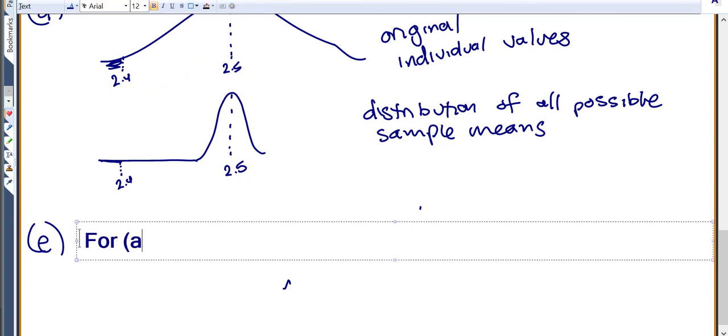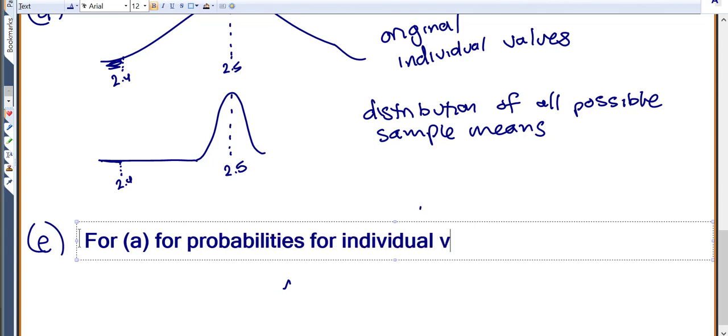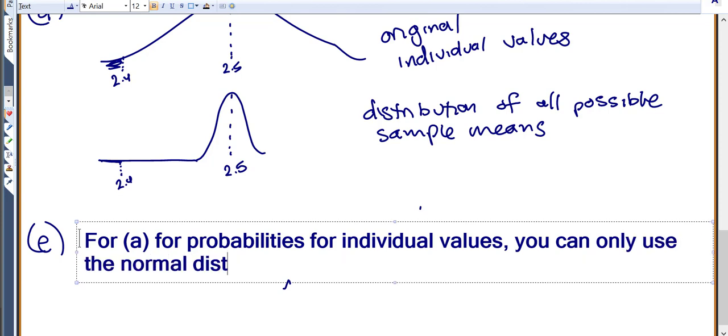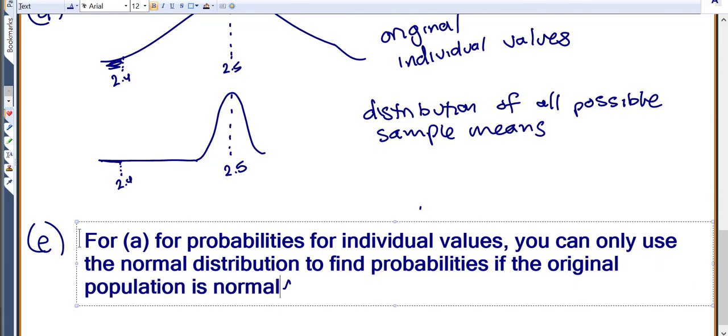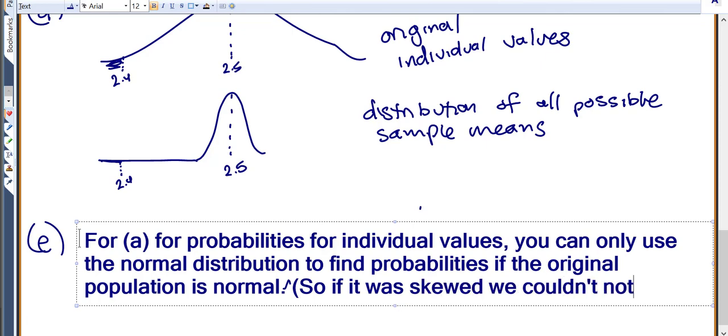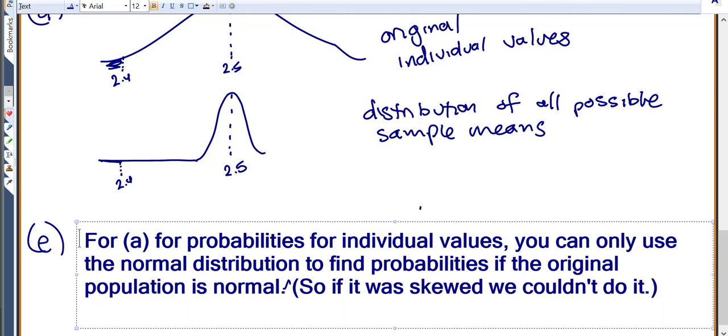So for A, for probabilities for individual values, you can only use the normal distribution to find probabilities if the original population is normal. So if it was skewed, we couldn't do it. Okay.